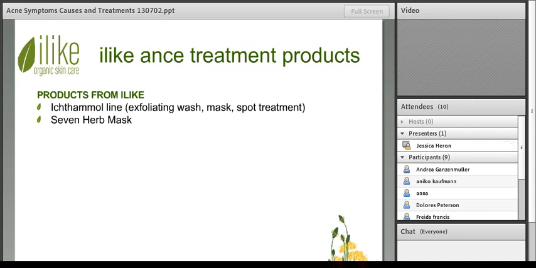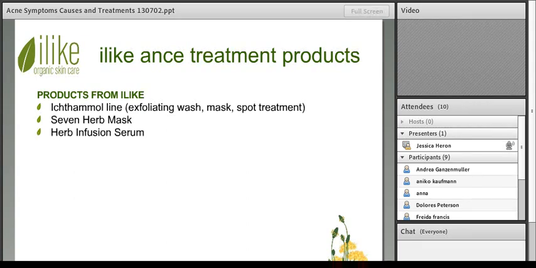You have herbs like aloe, stonecrop, spearmint, plantago, zinc, and sulfur that assist in reducing the inflammation and redness. It's a weekly mask if used at home, once or twice a week. You can utilize this mask in a deep cleansing facial or even following an AHA fruit peel or paprika treatment.